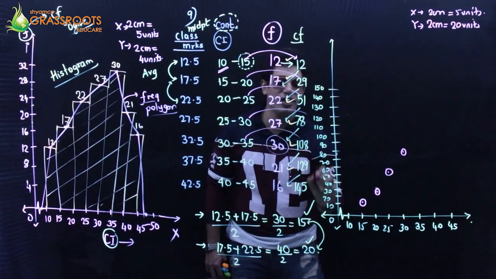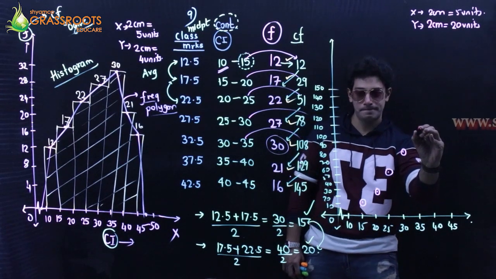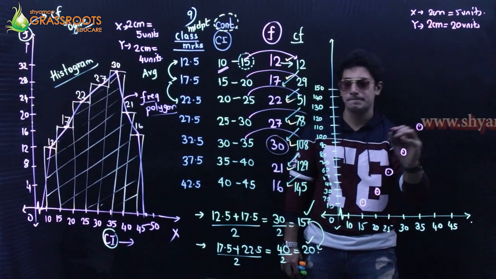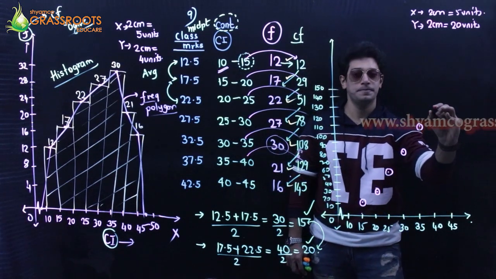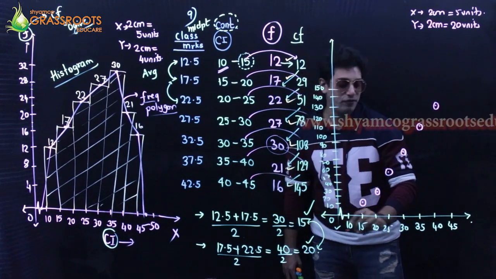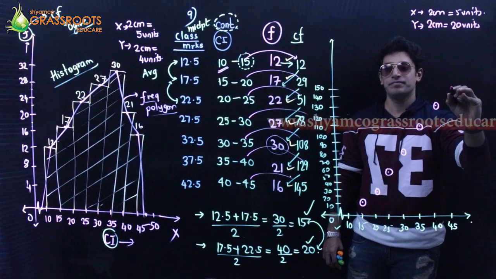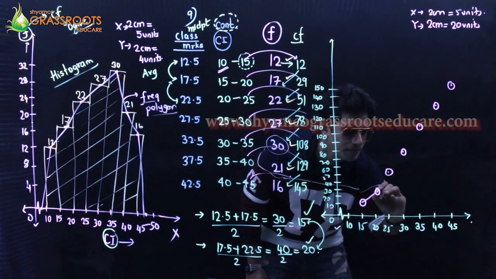With 35 we have 108. With 40 we have 129. And with 45 we have 145. So you join 2 at a time.